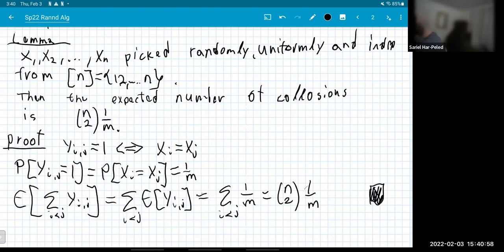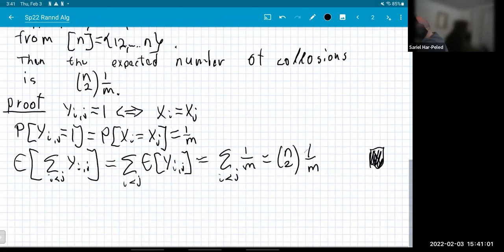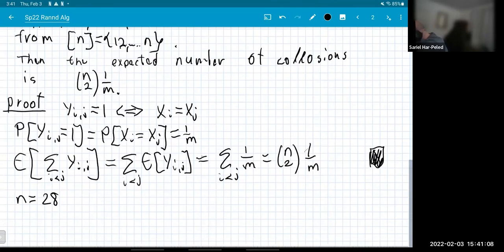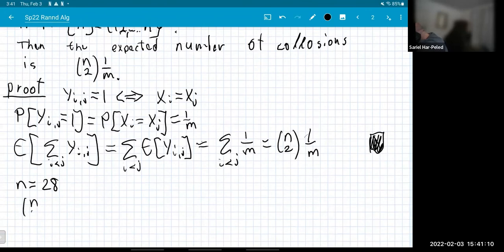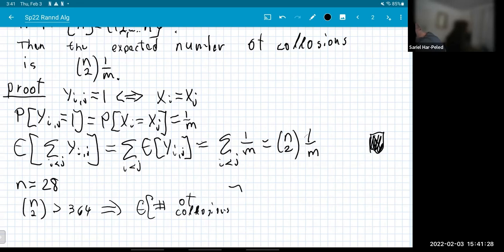So far, nothing is too interesting, except that if you think about the case of people, for n equal 28, n choose 2 in this case comes out to a number slightly larger than 364, which in particular implies that the expected number of collisions is going to be larger than 1 in this case, right?